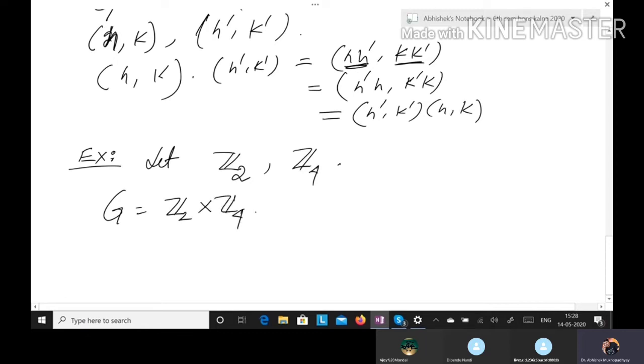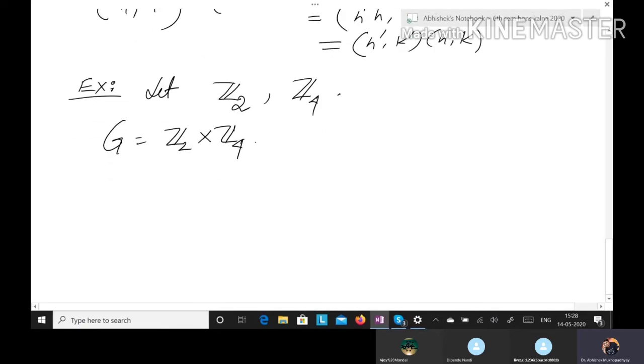Z2 is a cyclic group of order 2, Z4 is a cyclic group of order 4. Then what would be your conclusion regarding this external direct product formed by Z2 and Z4? Is it cyclic or not? That is the question.